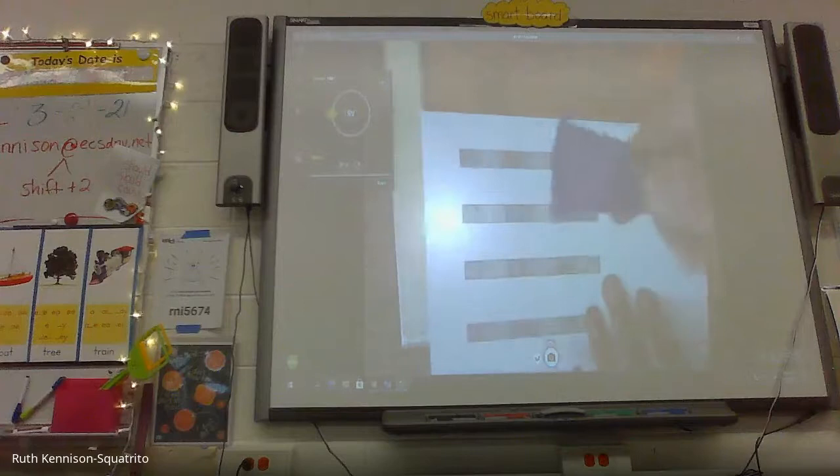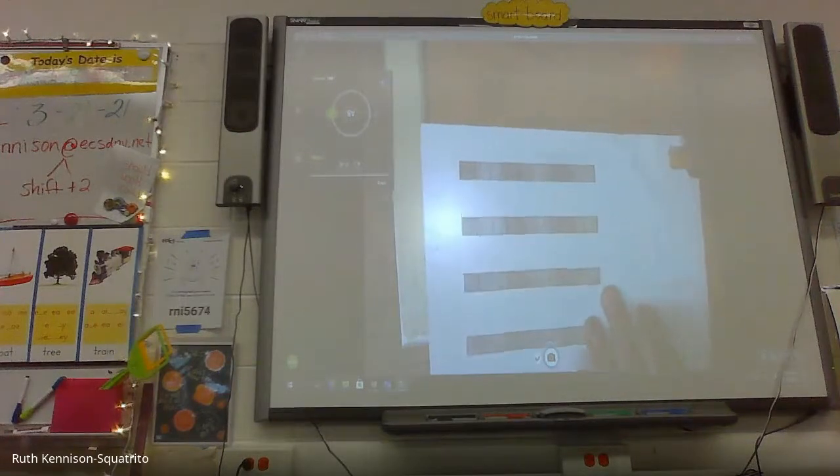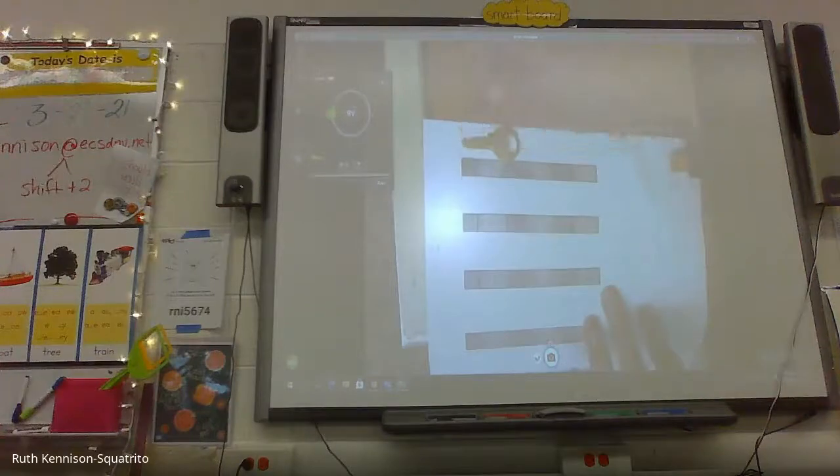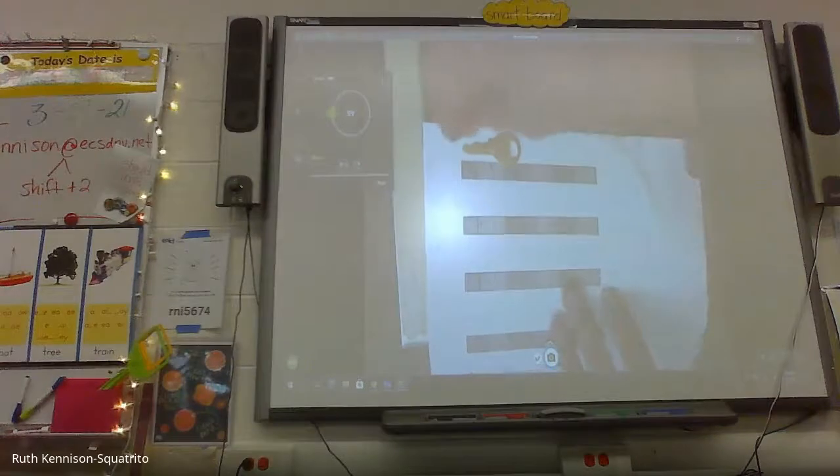A little fidget. Now how long is my key? 1, 2, 3, 4. It's like 4 inches. It's not inches, we're doing centimeter cubes, so it would be 4 centimeters.